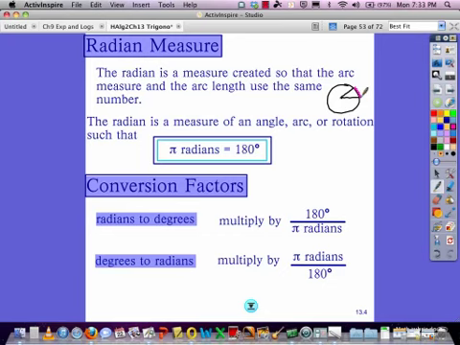To solve for 1 pi, all I did was divide both sides by pi. So I end up with 1 radian, when the pi's cancel. 1 radian is equivalent to 180 degrees divided by pi.